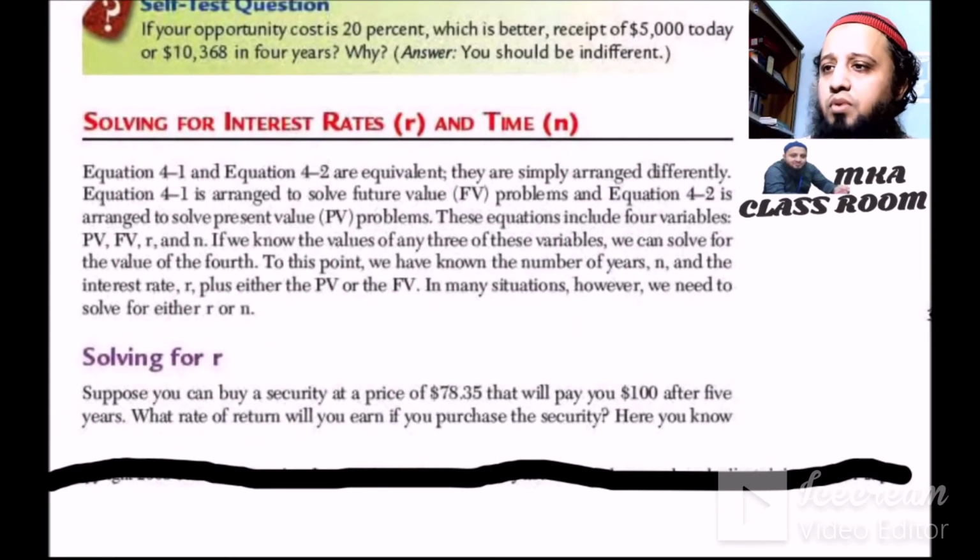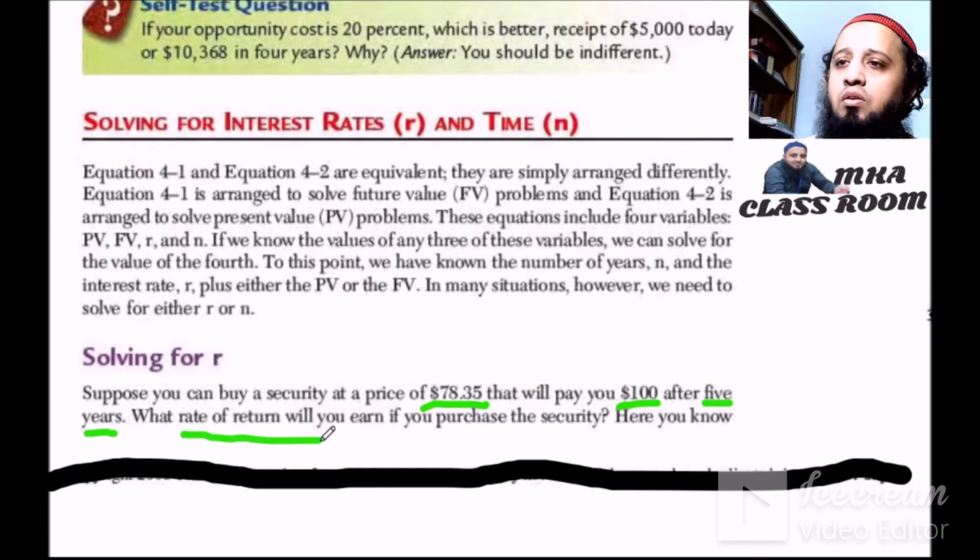From our problem, we see that 78.35 will grow to 100 taka after 5 years. So now the question is, what rate of return will you earn if you purchase this security?